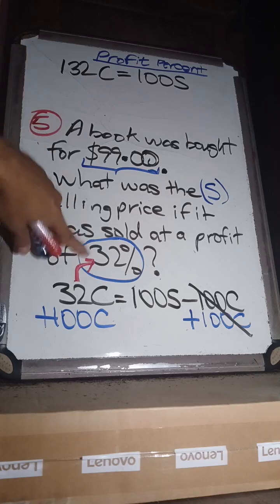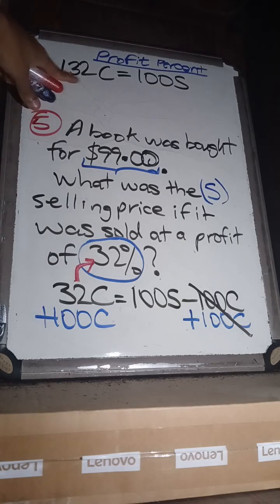So if this was 17, it's 117. If it was 5, it's 105. If this was 27, 127. So always add the percent to the 100 and then make that in front of C equal to 100S. Once you can remember that, you will always be able to do this question.